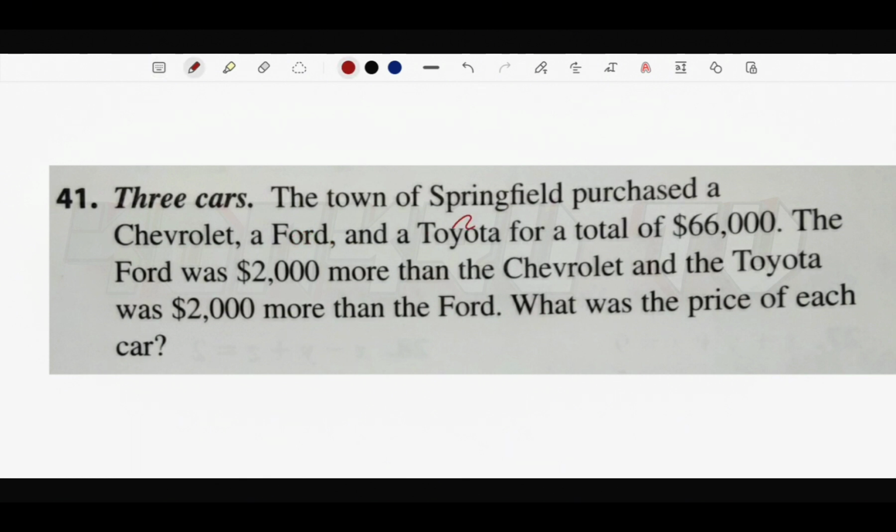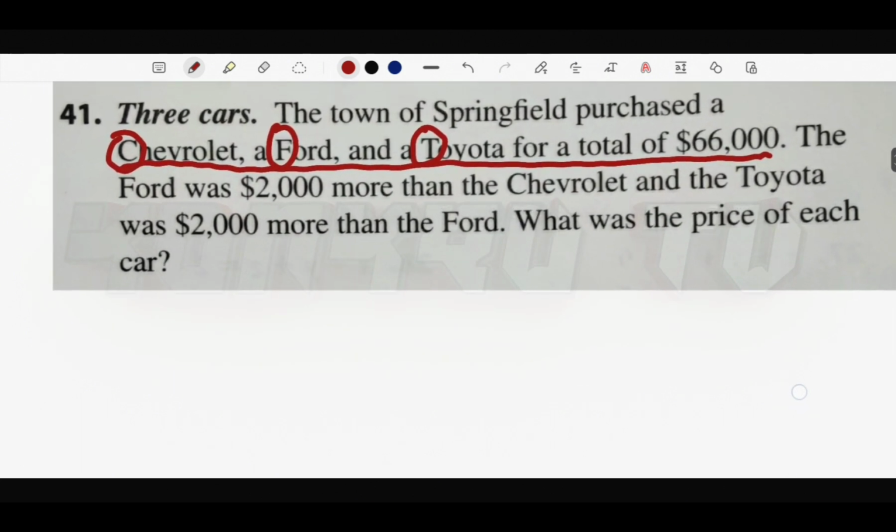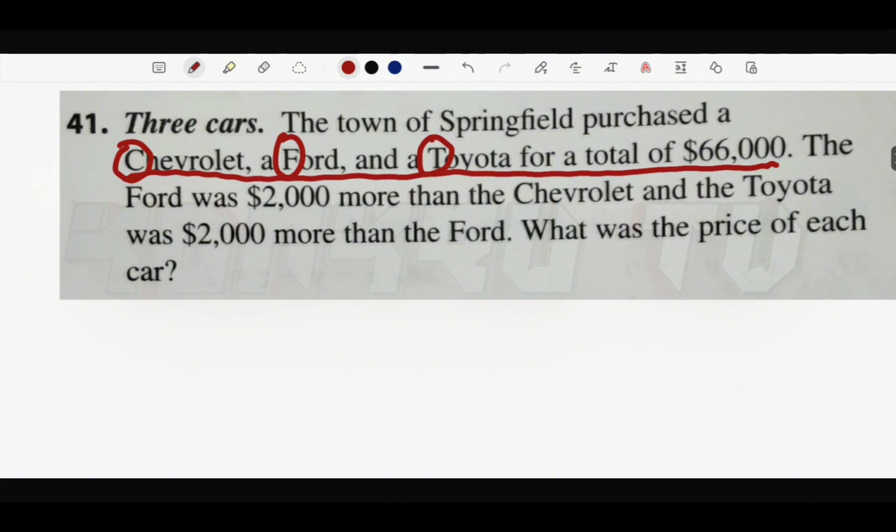Okay, so dito muna tayo sa first equation kung saan Chevrolet, Ford, and Toyota total of $66,000. So pwede natin gamitin yung kanilang letter.